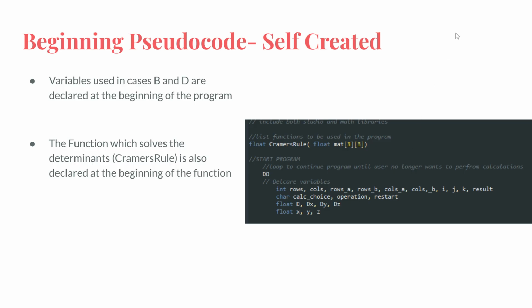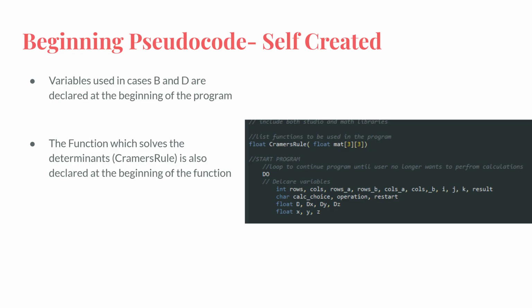So for my self-created pseudocode, I began by declaring the function that I'll be using later in the program for case D for Cramer's rule, and included that it'll be using matrices that are 3 by 3.